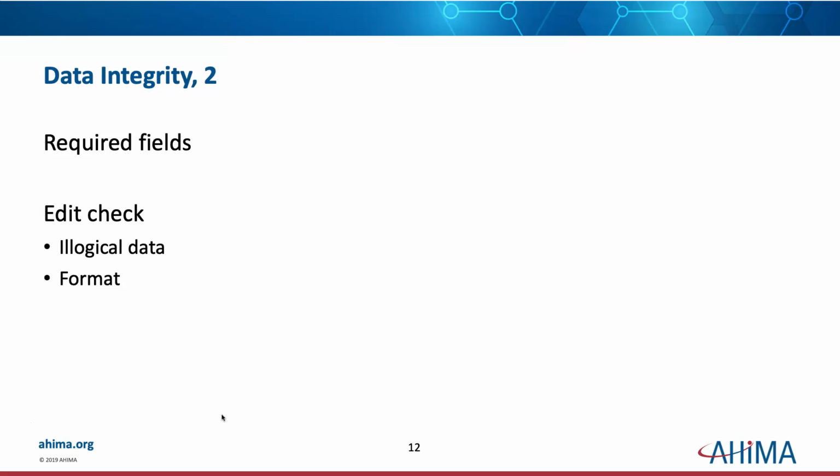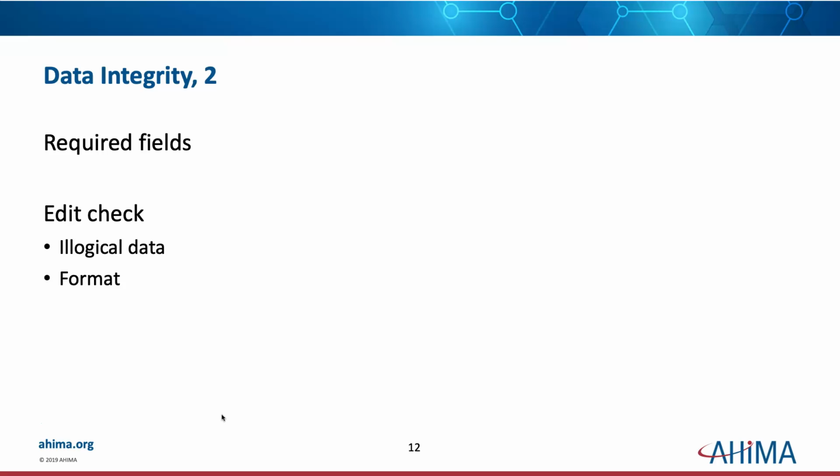Required fields, that's part of data integrity. Sometimes you have those hard stops that insist that you have to fill it out or give an answer before you can move on. Edit checks, is it illogical? For instance, let's say that you have a medication range and you're documenting what the nurse gave the patient.